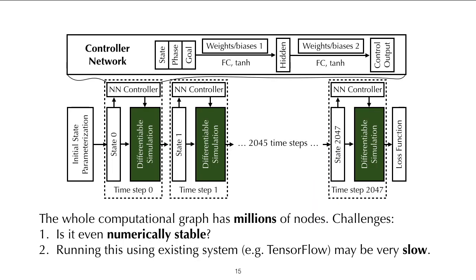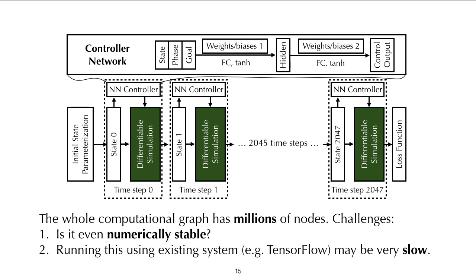So if you represent the computational graph of a differentiable physical simulator plus neural networks, you will end up with a graph with billions of nodes. Let's say we have 2,000 time steps, and in each time step, we have a bunch of physical states, and then we feed the physical states to the neural network controllers.